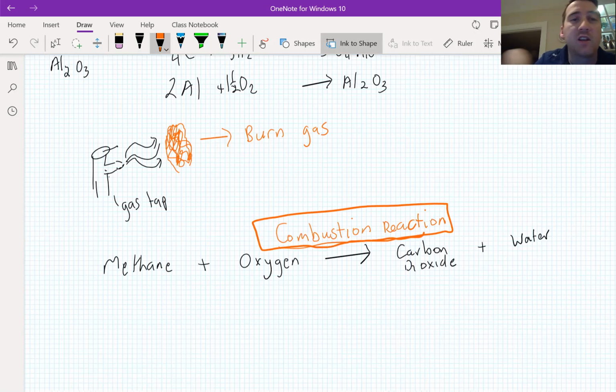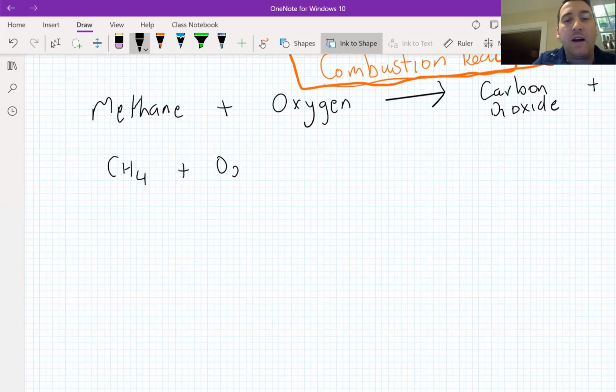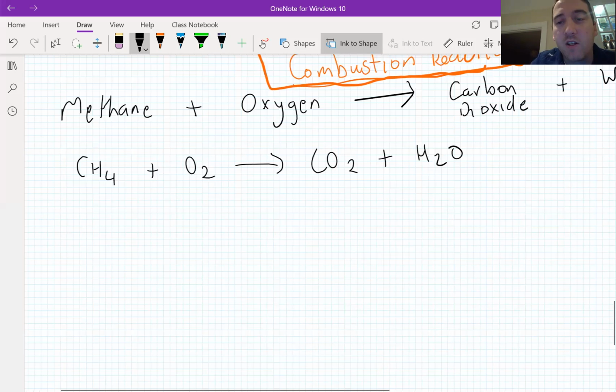All right, so if we take this particular reaction, methane, which is CH4, and we combine it with oxygen, and we produce CO2 plus H2O. The delta H for this reaction is, as you would expect, a negative number. Why is it negative?